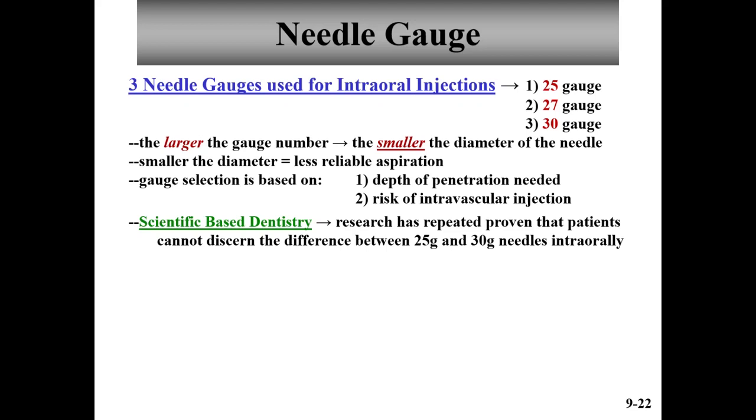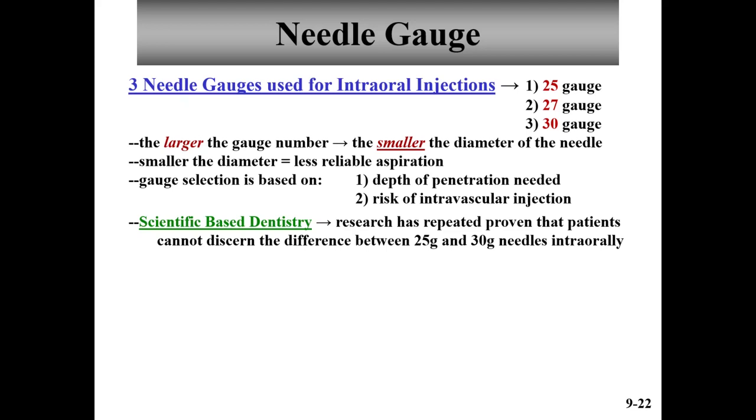Which gauge you choose is based on how deep, how far into tissue you have to go, and how likely it is that you're going to encounter a blood vessel. If you're going into a really vascular area, you want to use a larger diameter needle because you get more reliable aspiration the larger the diameter.